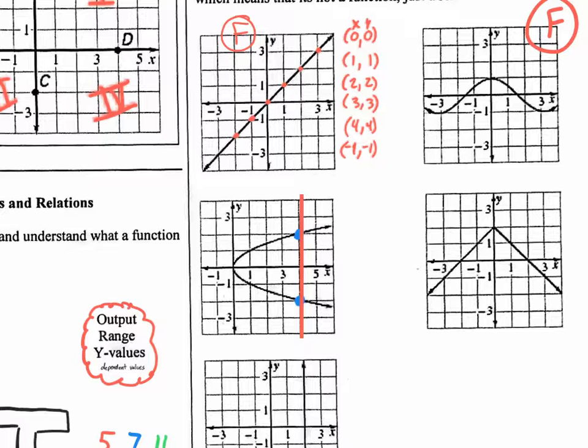Okay, so what that means is that for the input, remember input or x values, for the input of 4, I actually have two outputs. The input 4 gave me the output 2 and also -2, right? I mean, after all, this is the coordinate 4, 2, and this is the coordinate 4, -2. So what does this mean? It means that my input 4 gave me a 2, my input 4 gave me a -2.